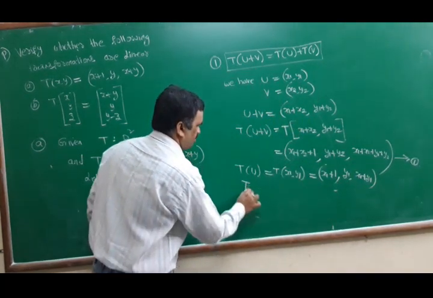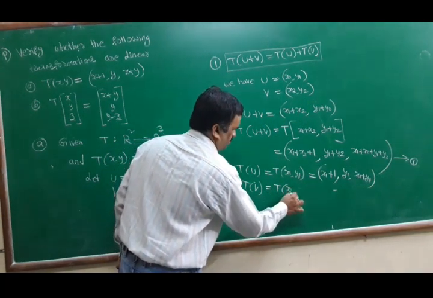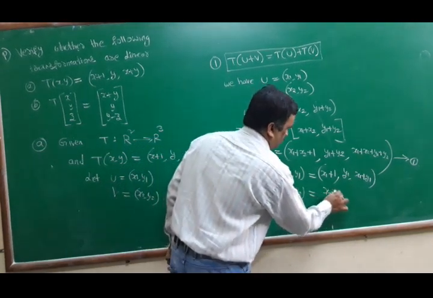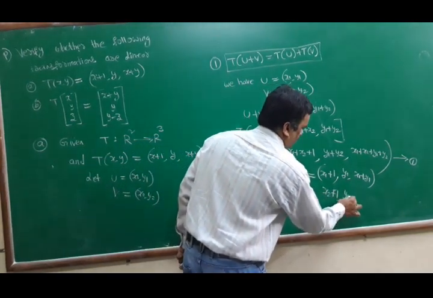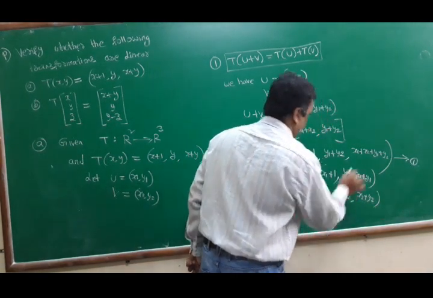Similarly, T of v equals T of x2 y2 equals x2 plus 1, y2, x2 plus y2.